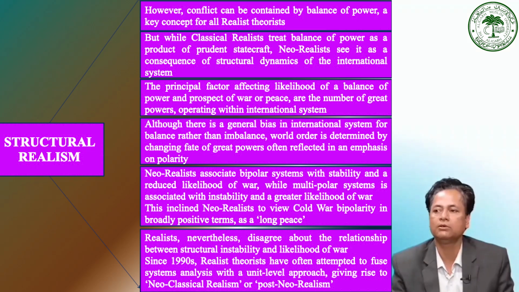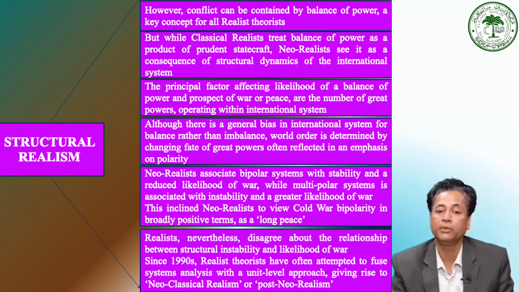But according to Waltz, it's not that they take a prudent decision for balance of power, rather the international structure would actually force the countries to think about balance of power. So it is not a natural result of statecraft, or a conscious decision of the decision makers, rather it is the product of the international system, which again makes it different from classical realism. In short, the principal factor affecting the likelihood of a balance of power, and therefore the prospect of war or peace, is the number of great powers operating in the international system.